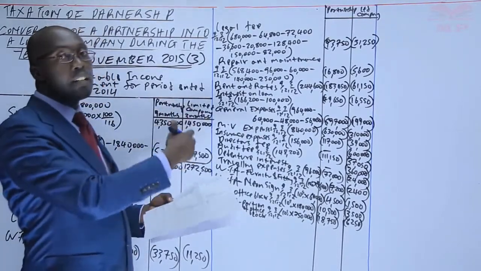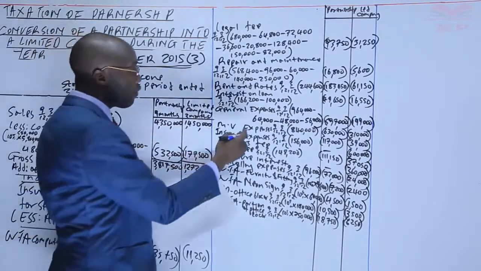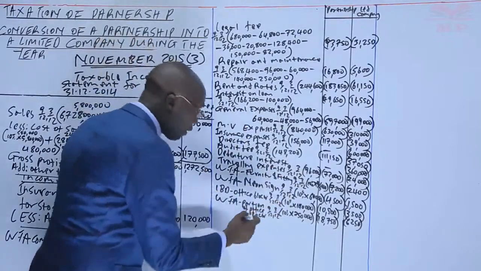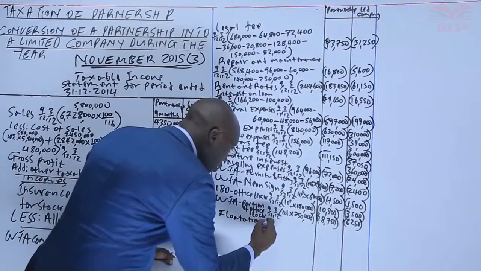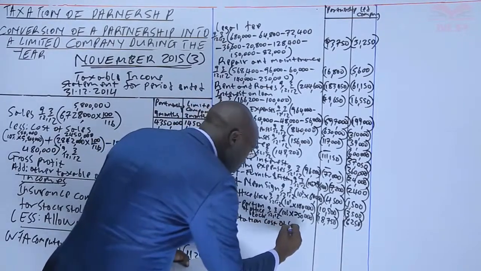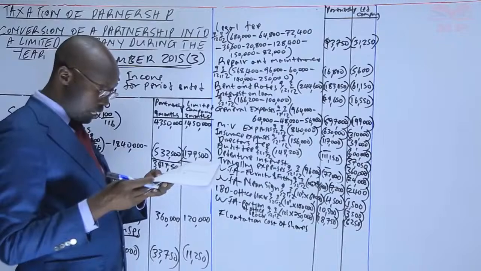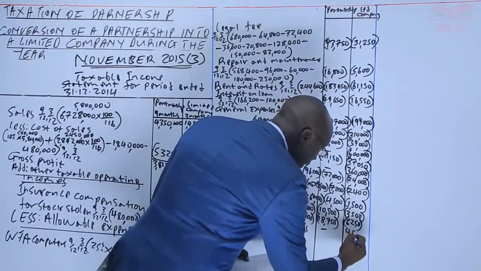That one is specifically for the limited company and is allowable on the company. So we deducted from here because it's specifically for the company. Now we deduct it on the side of the company. So flotation costs of shares, which we have to be 48,000 and only on the side of the company.